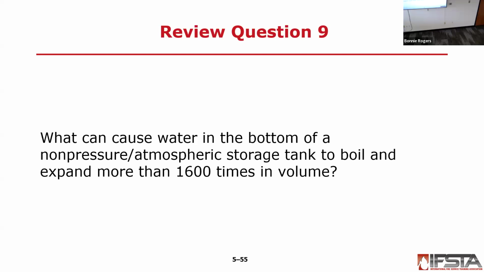When a fire occurs in a storage tank, residues from surface burning become denser than the unburned oil and sink, forming a hot layer. When this hot layer or heat wave reaches the water in the bottom of the tank, it causes the water to boil and expand more than 1,600 times in volume. The expansion of water forces the layer of oil upward and out of the tank, resulting in the discharging of burning oil onto a large and uncontrolled area outside of the container, overflowing the tank. That's kind of scary. It kind of looks like that's what happened in that video.